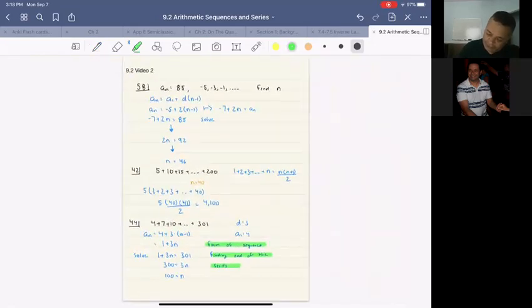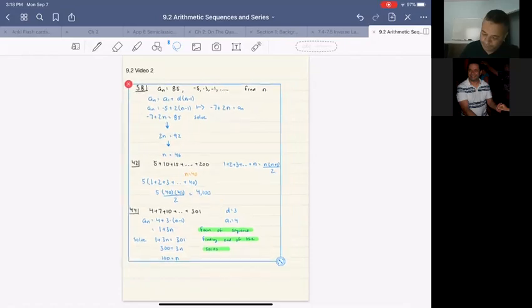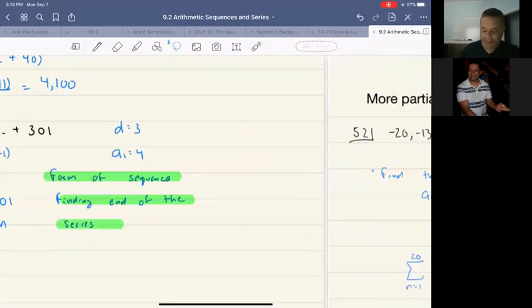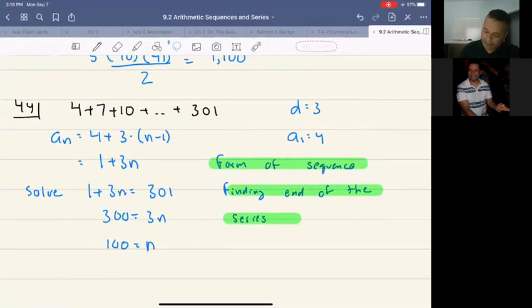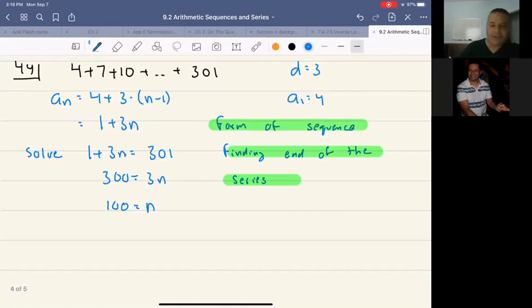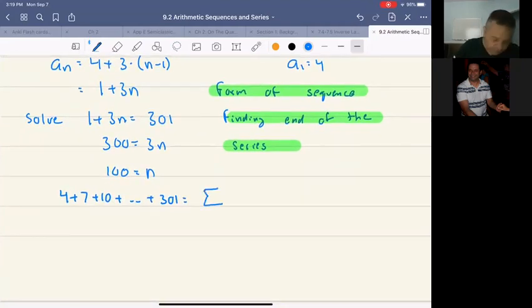Let me make things just a little bit smaller, just enough to fit the end of the problem on there. Now we're going to find this sum. 4 plus 7 plus 10 all the way up to 301 equals the summation.